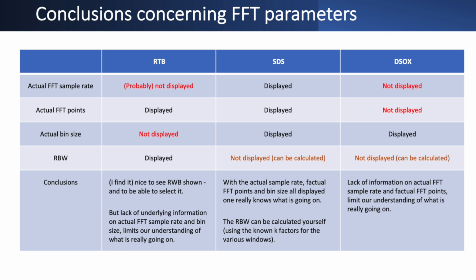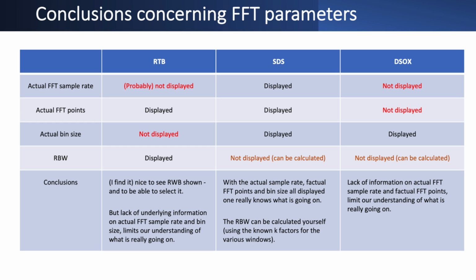And even though personally I find it nice to see the resolution bandwidth, because it allows you to operate the device more like a spectrum analyzer, I must agree with that criticism. The lack of information on the decimated sample rate and the bin limit really limits our understanding of what's going on in the device, so it stays a little bit of a black box.